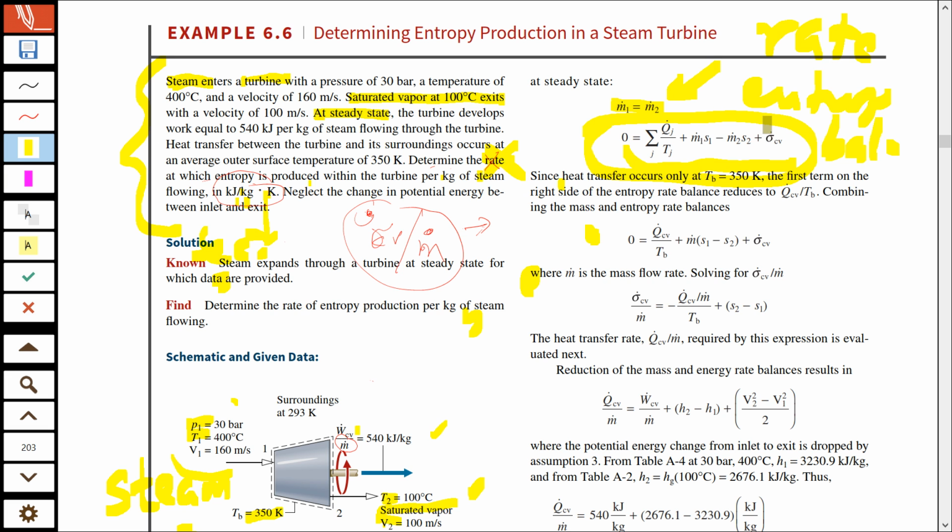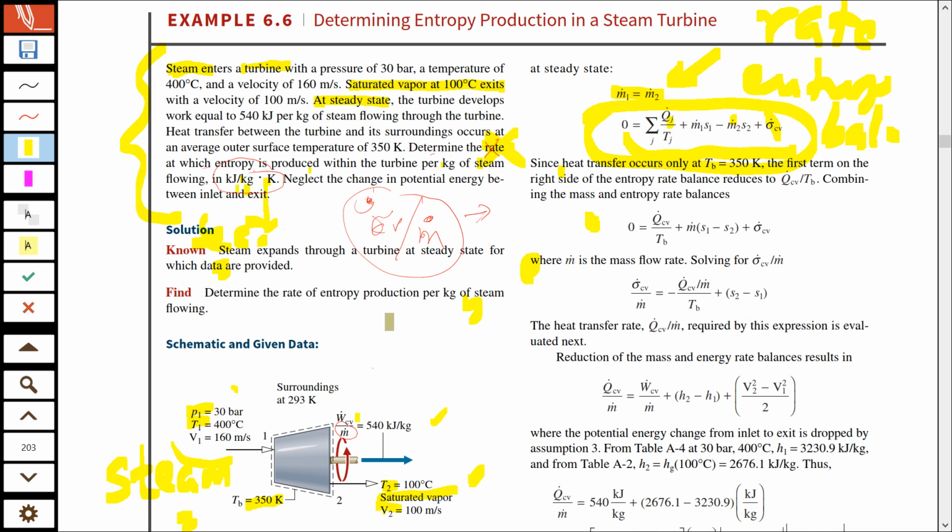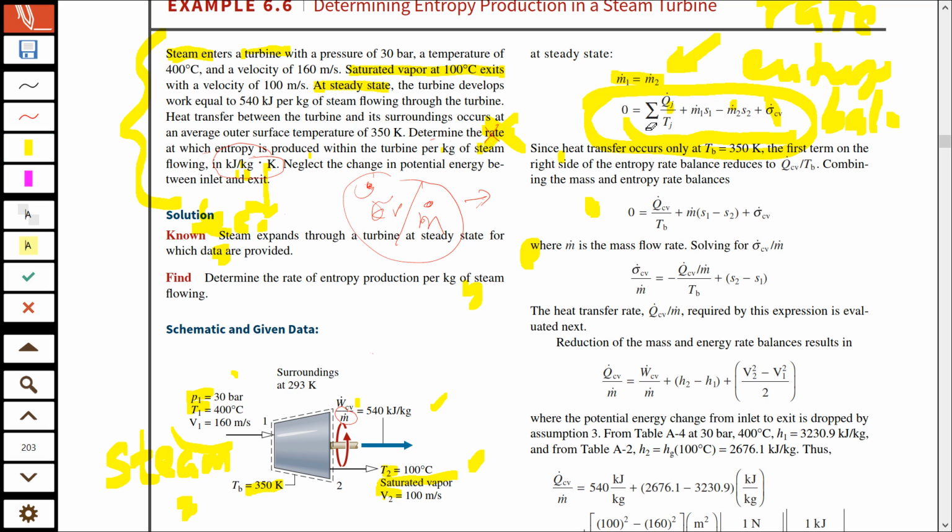And this is the only unknown here, because everything else can be worked out. Now, how do you work this out? Q, this smallest one and smallest two, these are properties which you will have to work out from tables.